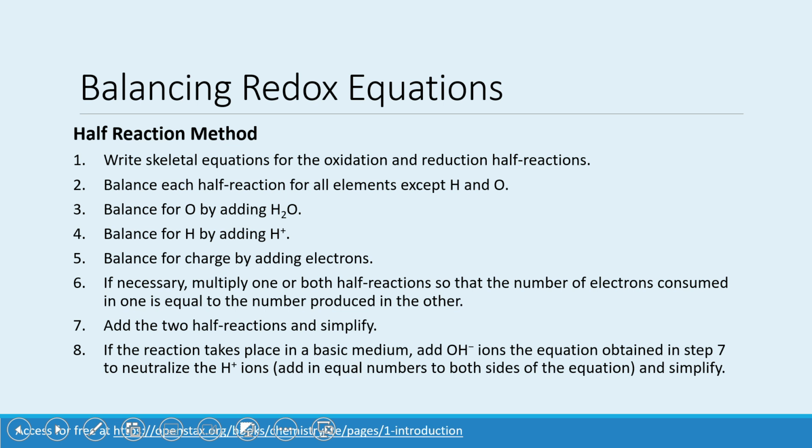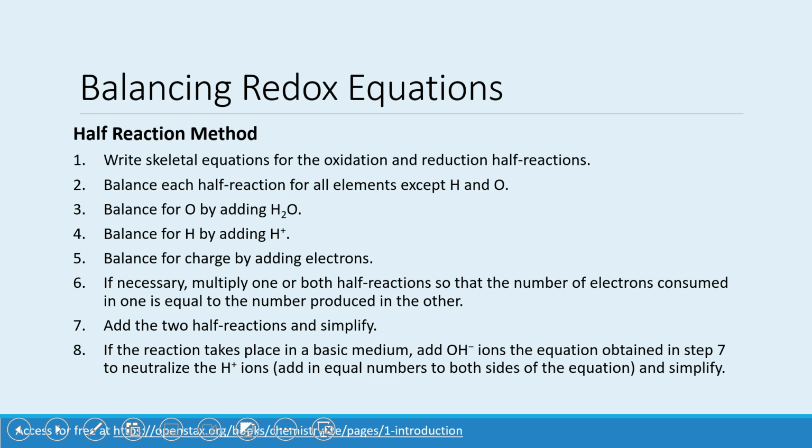So there's this list of steps and you do want to follow it step by step, and so we're going to go through some examples, but just to give you a heads up, the first step is to split up the reaction into two half reactions, your oxidation and your reduction half reactions. Once you do that, you're going to balance each half reaction for all of the elements except for hydrogen and oxygen.